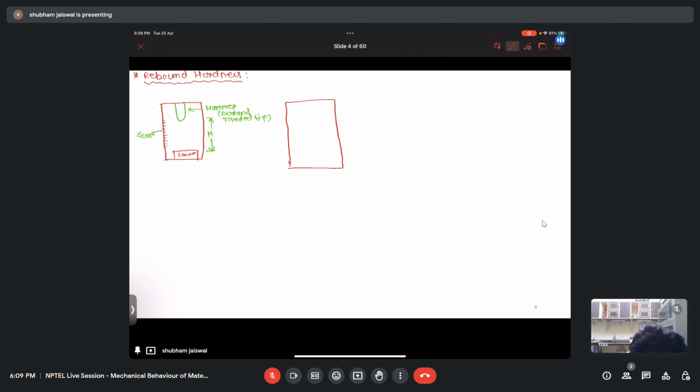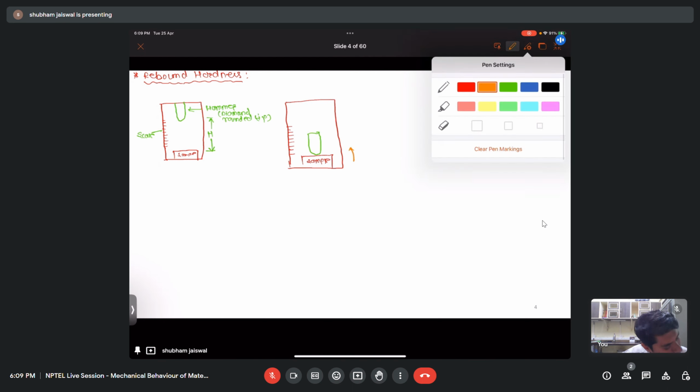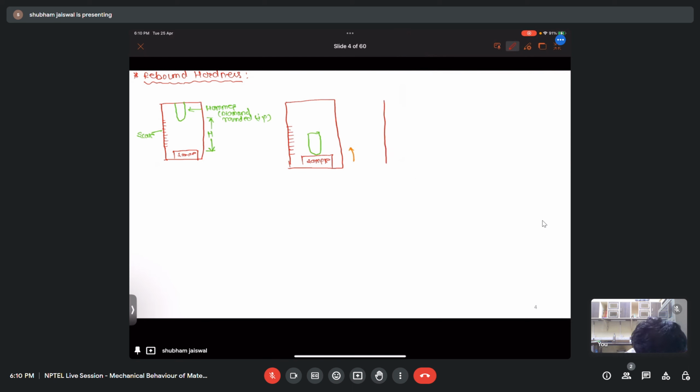Okay, so let's say if I let it fall on the sample, meaning the indenter. So say this hammer falls on a sample. Then it will rebound.